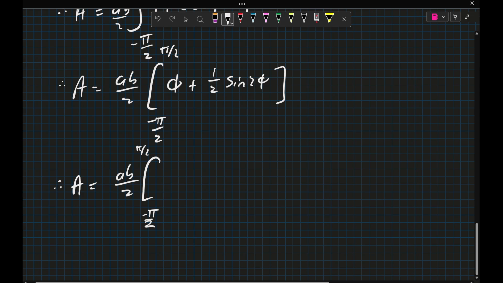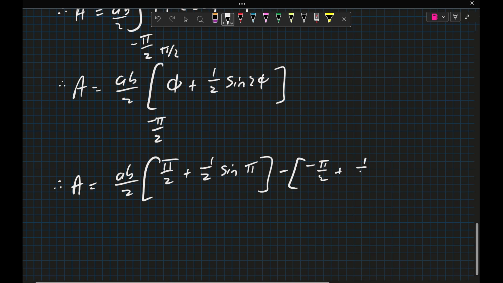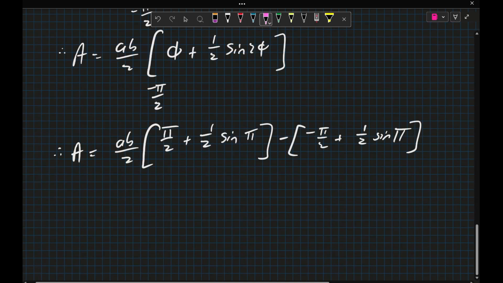So when we're actually evaluating, if you plug in pi over 2 first, we're going to get pi over 2 plus 1/2 sine, and now the 2s will cancel, so it's just sine of pi, take away negative pi over 2 plus 1/2 sine of minus pi, because that minus carries over.